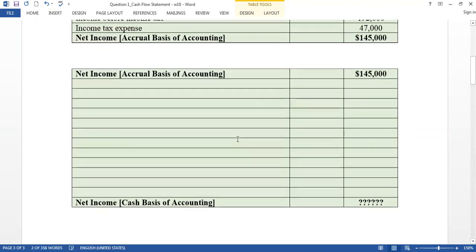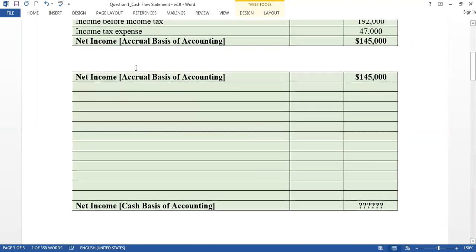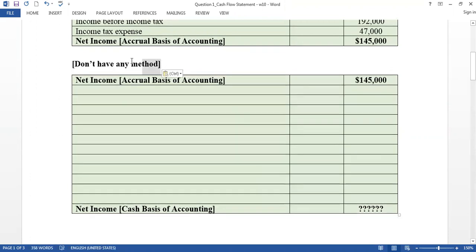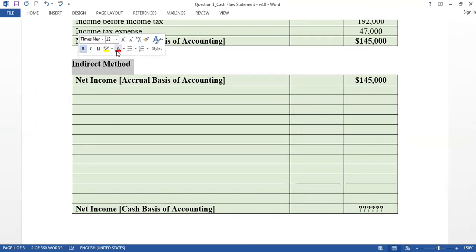Now this is the summary of the indirect method. We are going to learn the indirect method. So how to solve the indirect method?